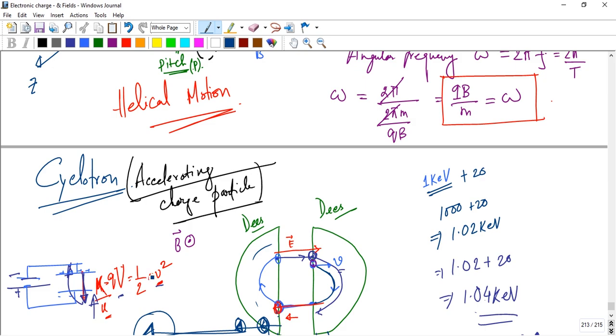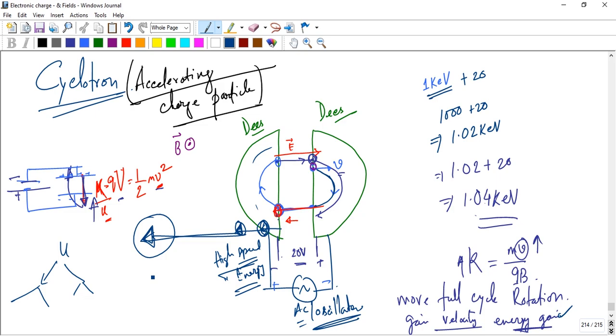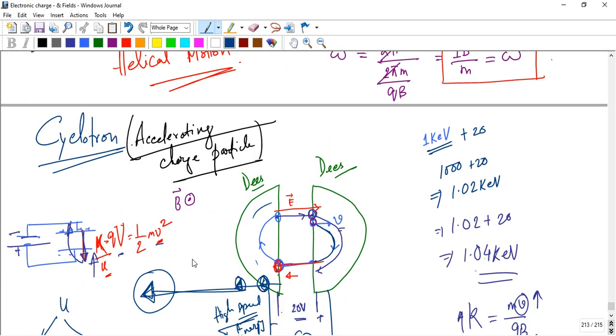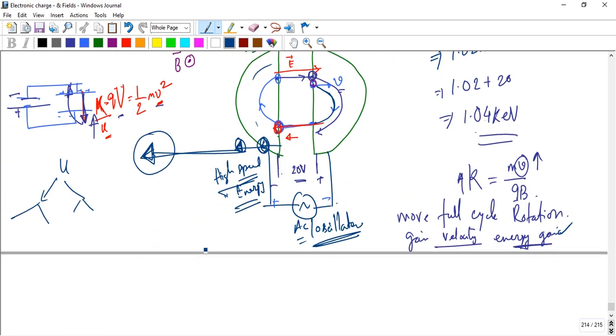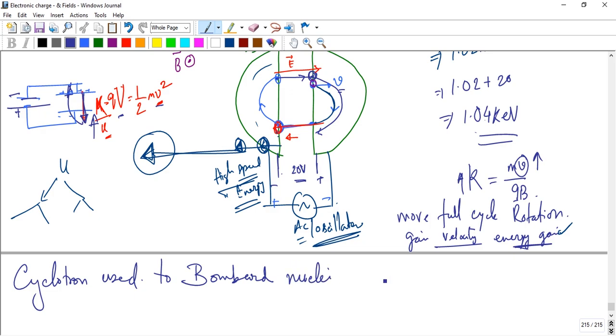Mainly the cyclotron is used to bombard nuclei with energetic particles accelerated by it.